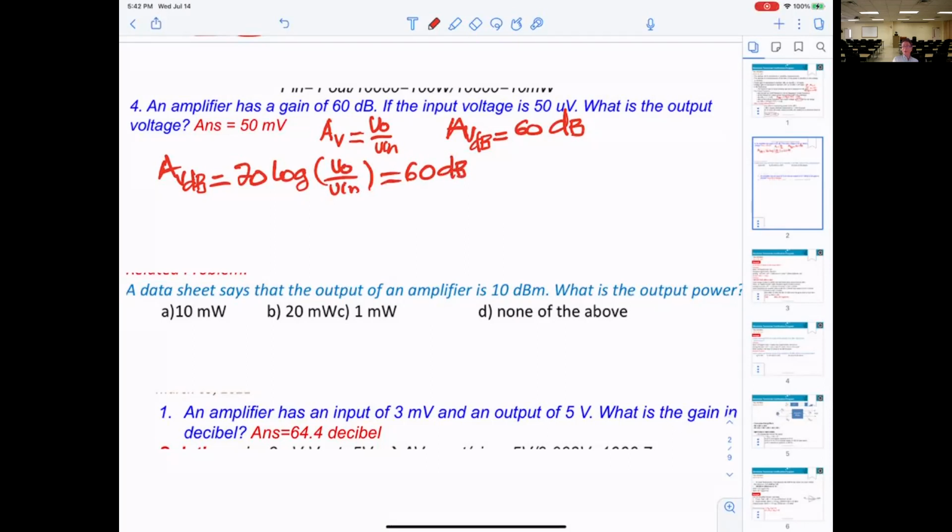And now I want log only. So I say log V out over V in equals 60 divided by 20. Is it 3, right? Right.